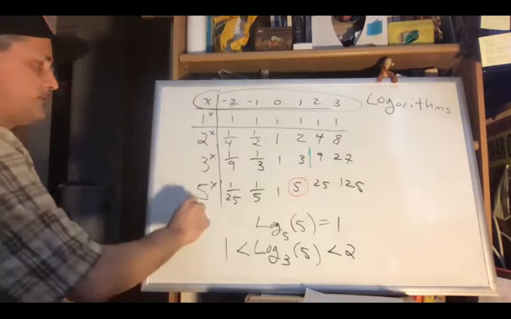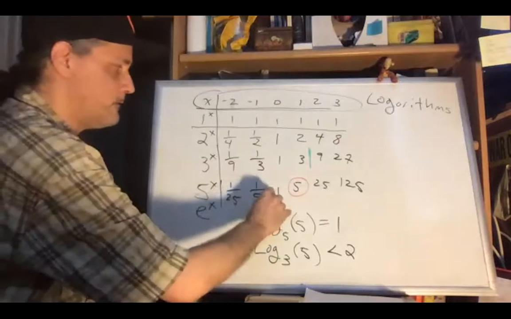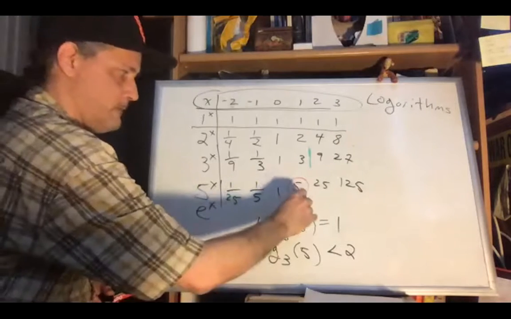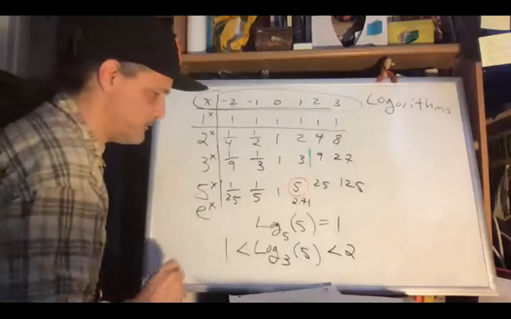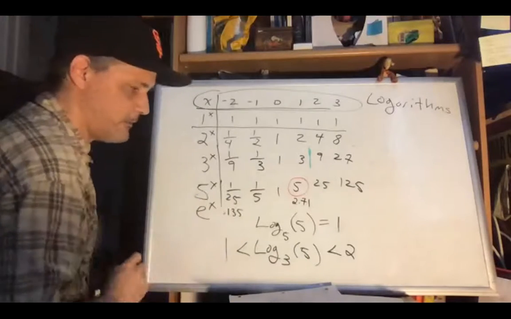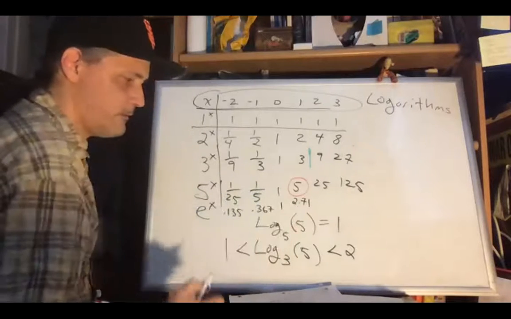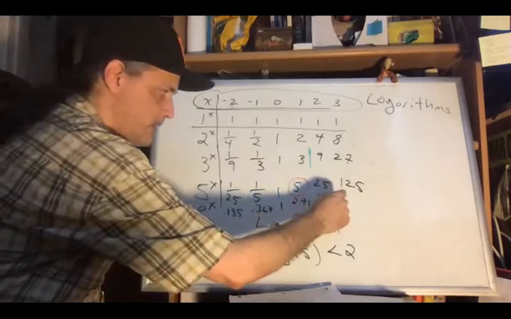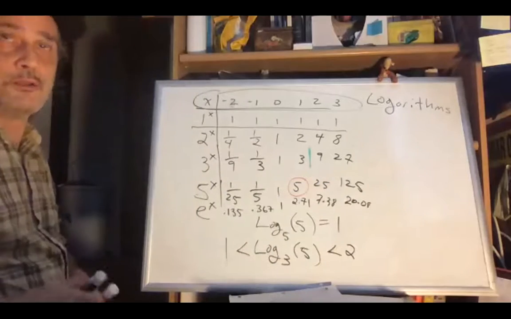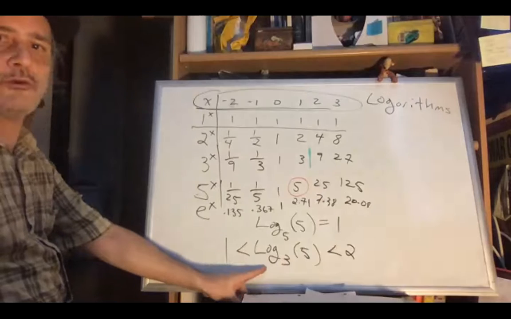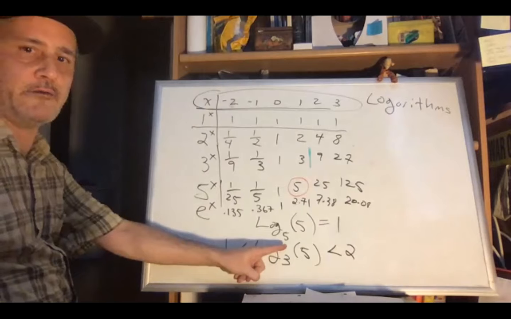And we can do this with e too. Now e is not intuitive. You know, e would be 2.71 and so on. If we did that with this one, I calculated this earlier, this would be 0.135, this would be 0.367, this would still be 1, this would be 7.38, and this would be 20.08. So with the logarithm using base 5 of the value 5, we got an exponent of 1.